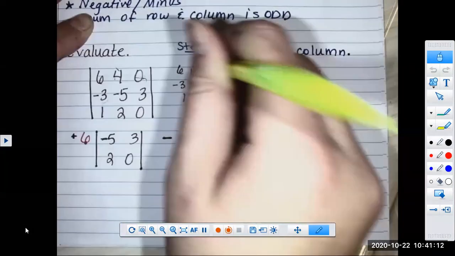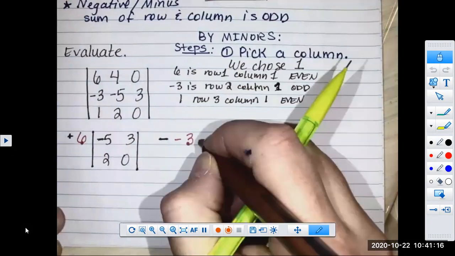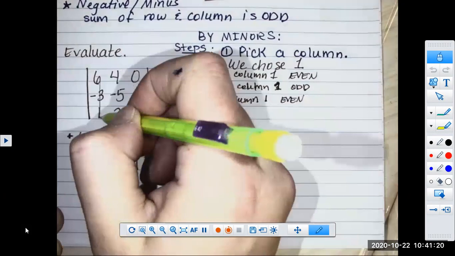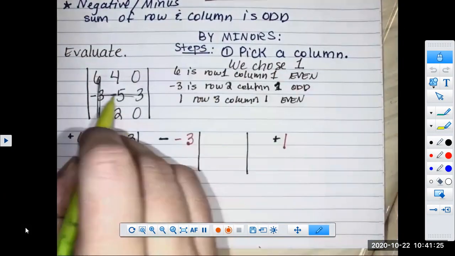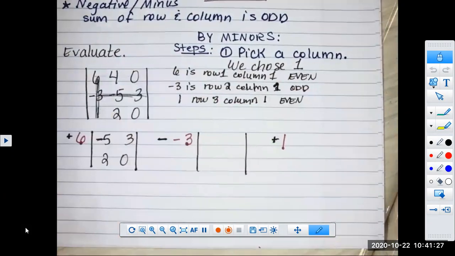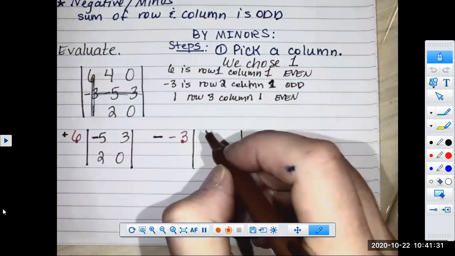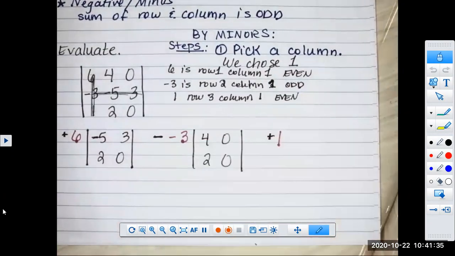All right, now for -3, you're going to do the same thing. Delete the row and column that contains -3. So delete that column. I'm going to delete this row. So the determinant that's left is 4, 0, 2, 0.